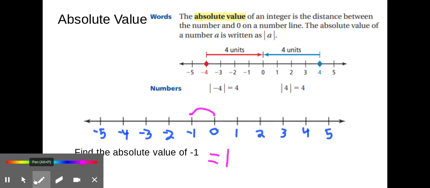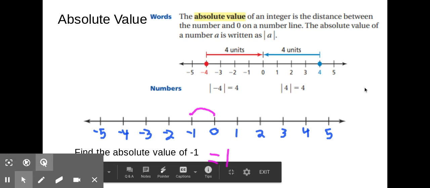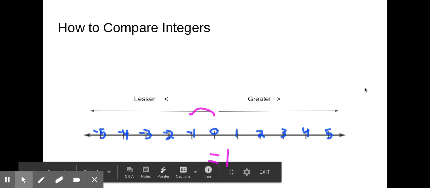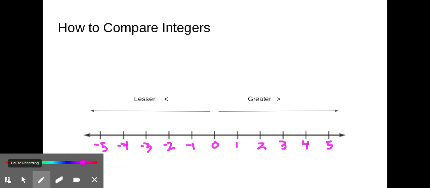We're going to move on to comparing integers. In order to compare integers, we need to remember the number line, right? We know that on the number line, as numbers move to the right, they become greater. And as they move to the left, they become lesser or smaller, okay?